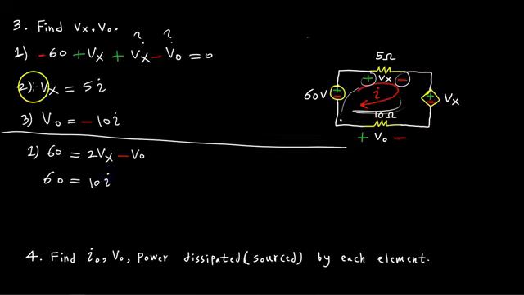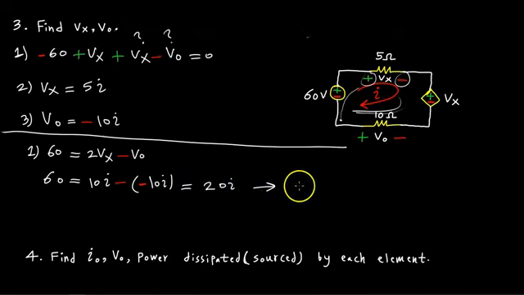Then we're going to have minus V0, though V0 is a negative quantity, so minus a negative value is going to be plus. We're just going to negate that, so that's going to be 20i. So what this tells us is that 60 equals 20i, and if you take the 20 to the bottom, 60 over 20 equals I, that's going to give us a 3. So I is equal to 3 amps.